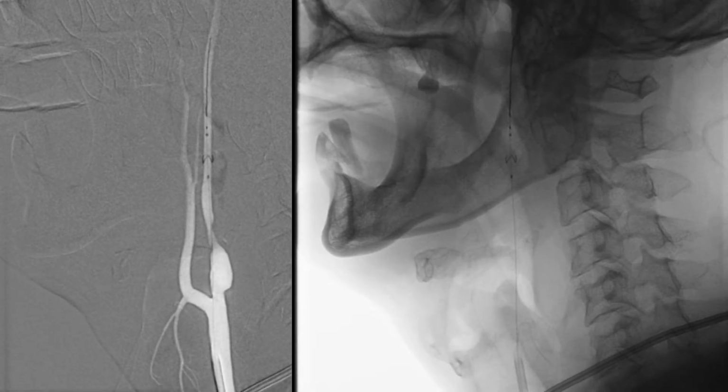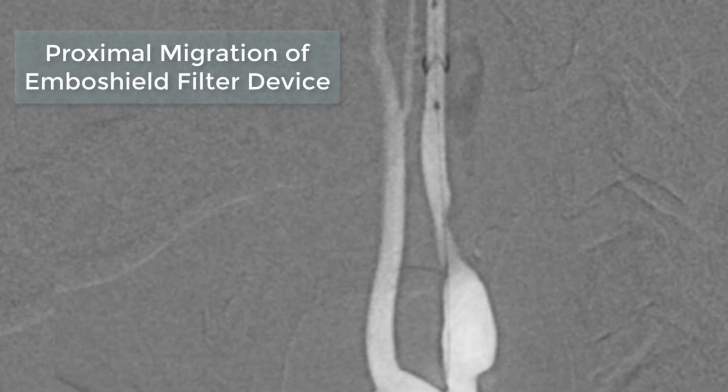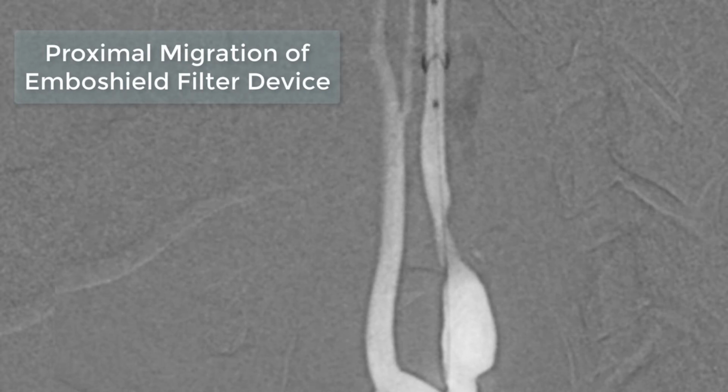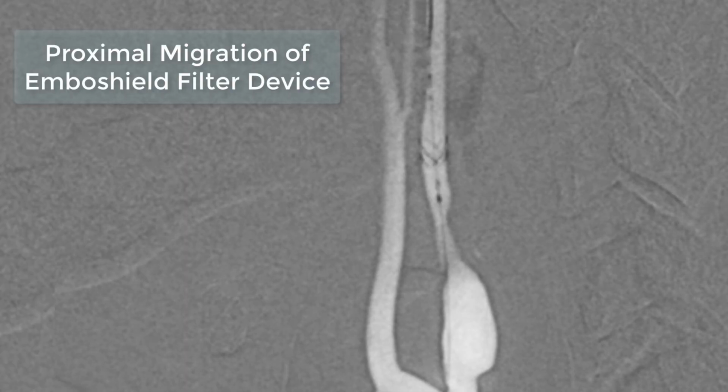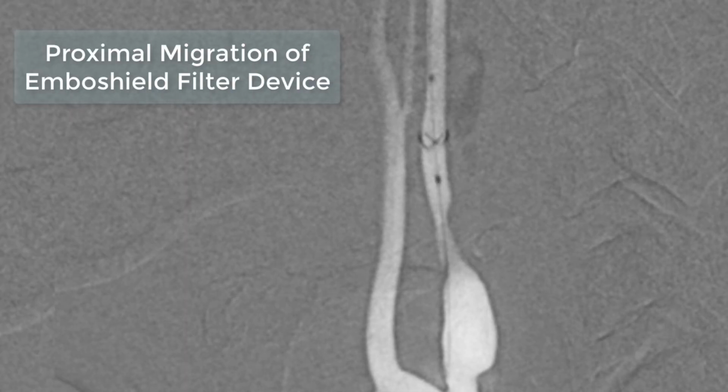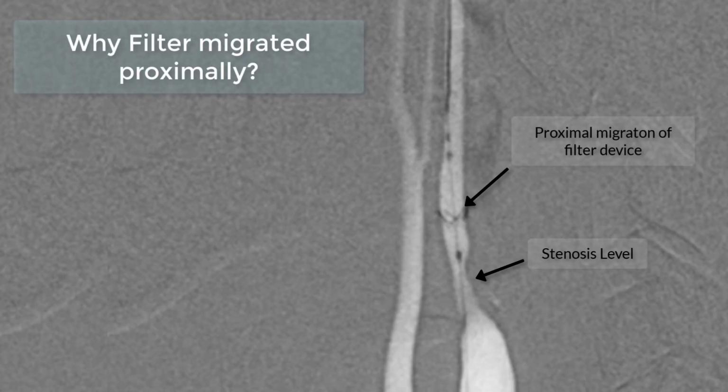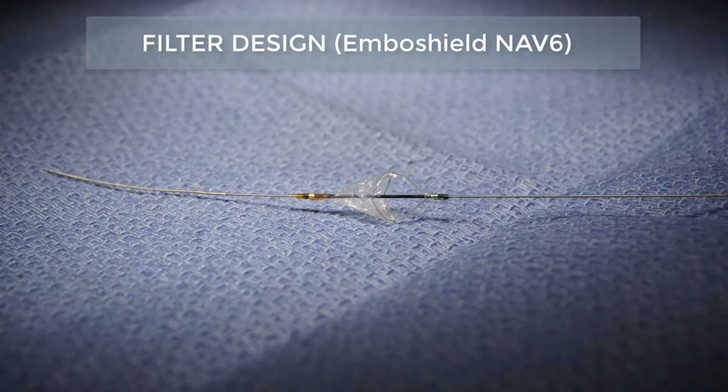Filter has migrated proximally to the level of stenosis during removal of its delivery catheter. To understand proximal migration of the filter device, we need to know the filter design.